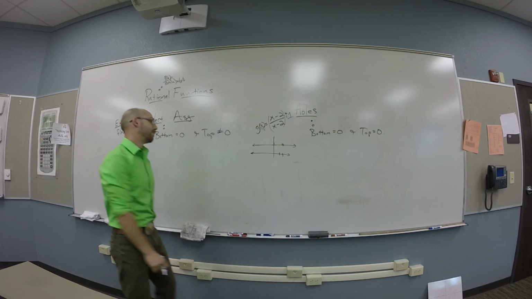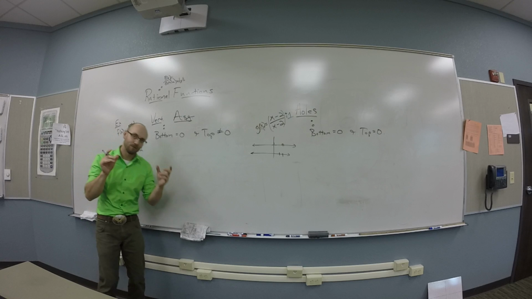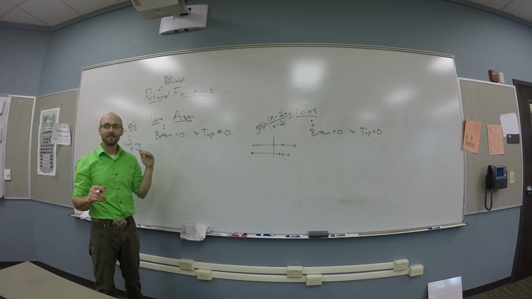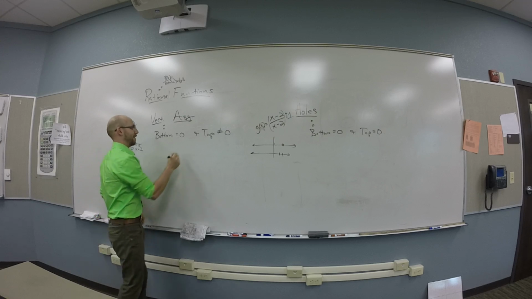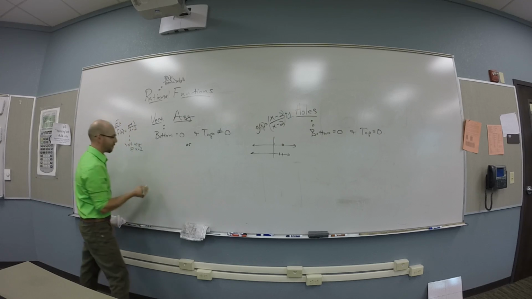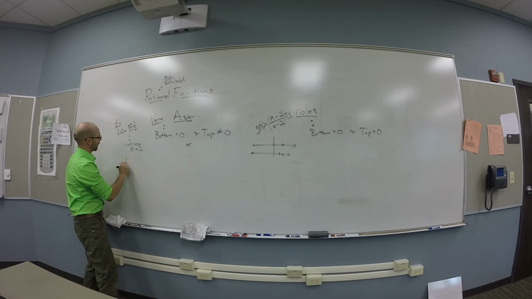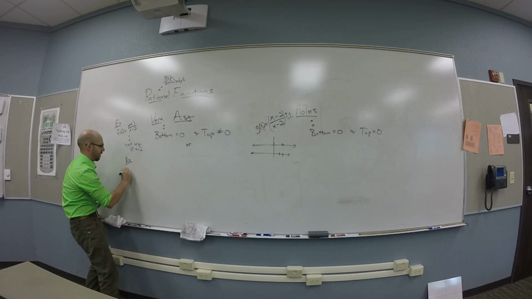Now back to vertical asymptotes, small caveat. You can stick a hole on top of a vertical asymptote. So what I mean by that is maybe this is an example function. I'm going to call it f hat, inspired by f of x.